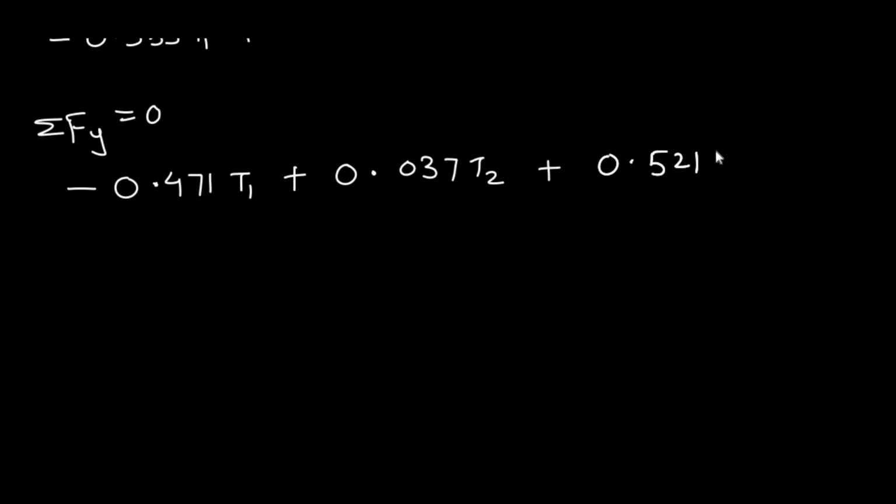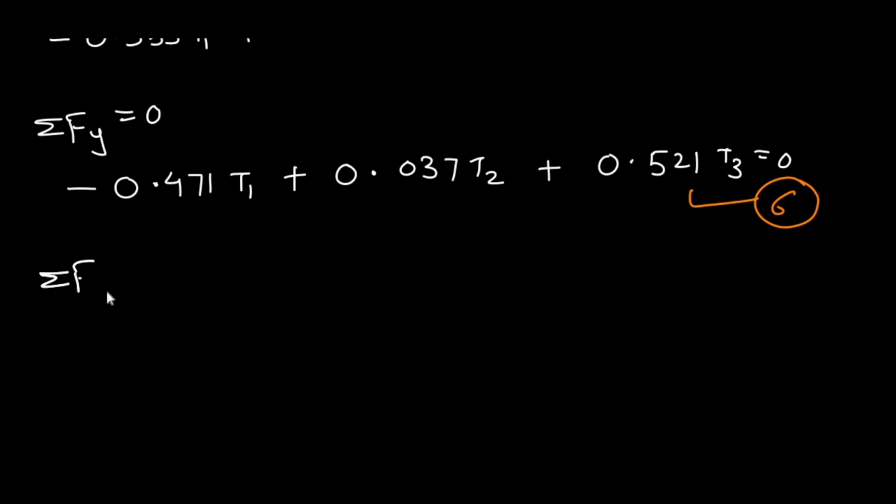So I will add all the y components: minus 0.471 T1 plus 0.037 T2 plus 0.521 T3 is equal to 0. This is our equation number 6.